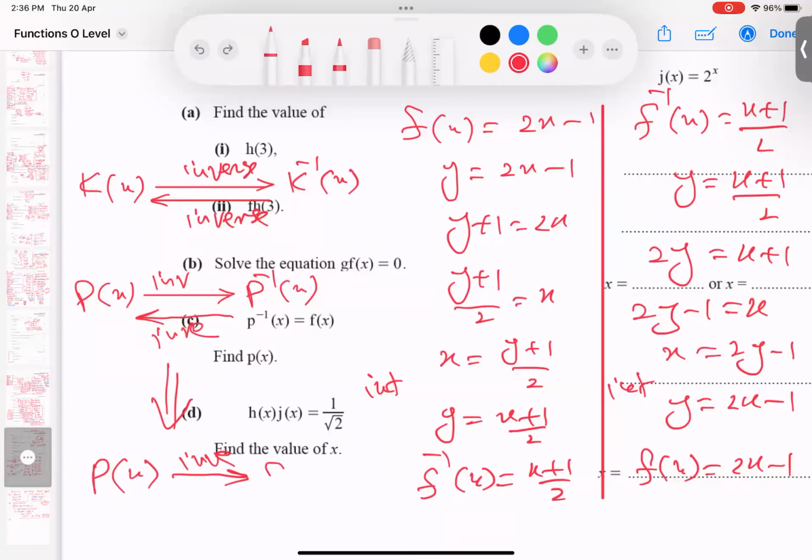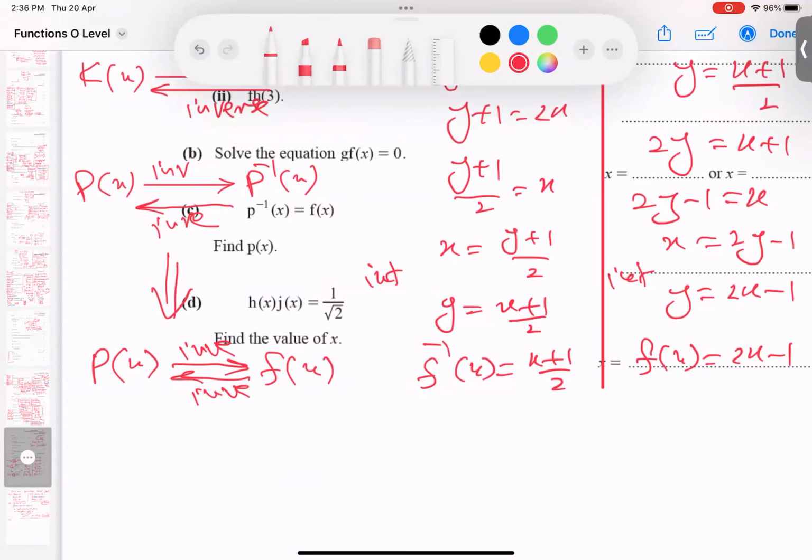So I say, okay, I follow you. So I replace p inverse by f of x. Now if I go back, if I find the inverse of this function again, I will get what? p of x, and this is my task.